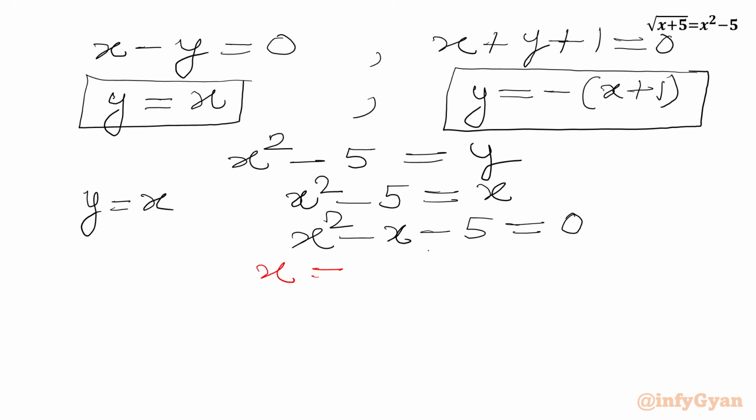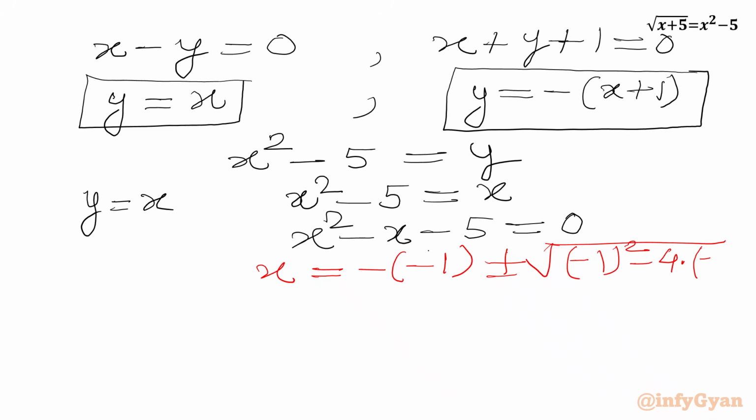As per the formula, x equals minus b plus minus square root of b squared minus 4ac, over 2 times a. So we will get here minus b, minus of minus 1, plus minus square root of b squared, which is minus 1 squared, minus 4 times 1 times minus 5, over 2 times 1.